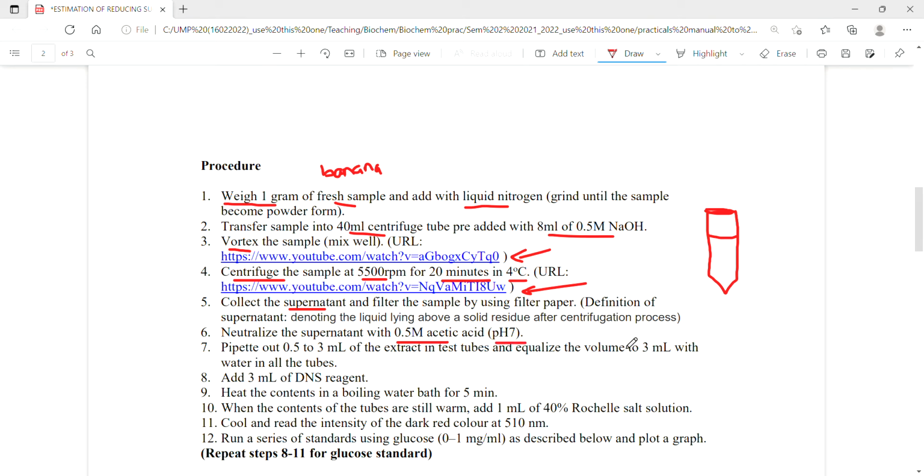So you can also put a pH meter probe and then slowly drop the acetic acid until it becomes pH 7. But if you don't want to use a pH meter, just use litmus paper with indication it's pH 7, also roughly is okay.